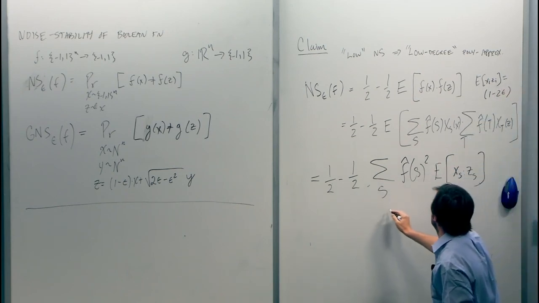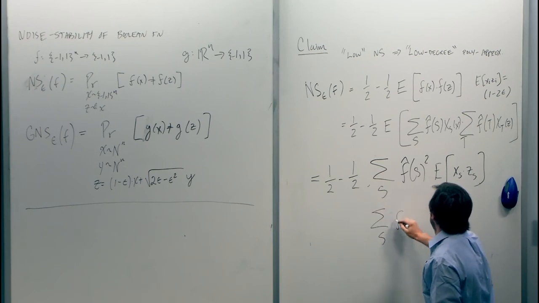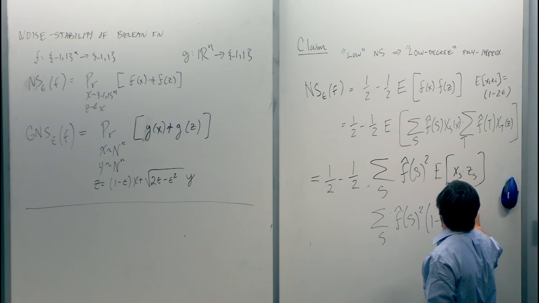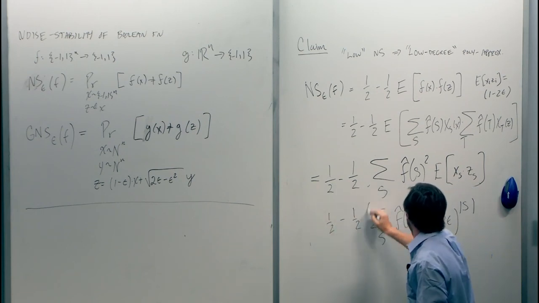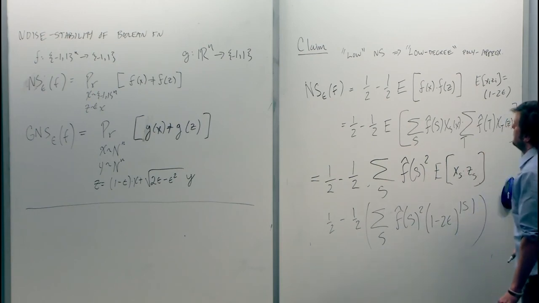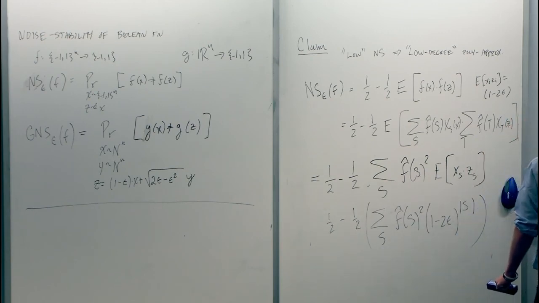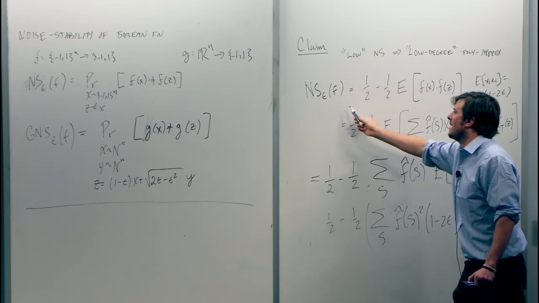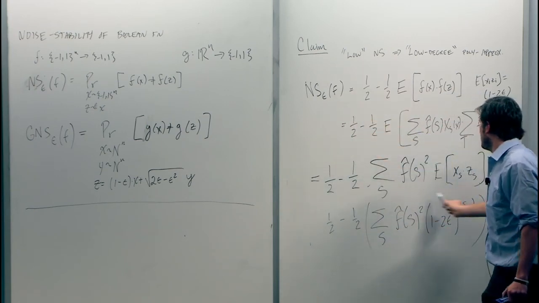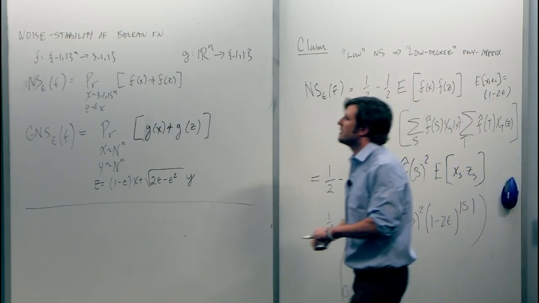So this is... And then, right. So, okay, you can see some relationship now between the noise stability of f and its Fourier coefficients.